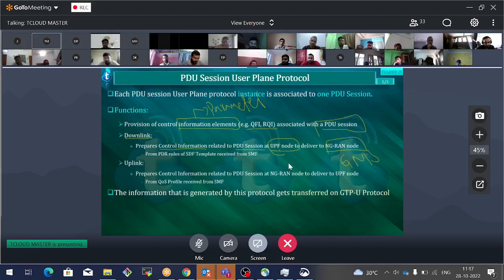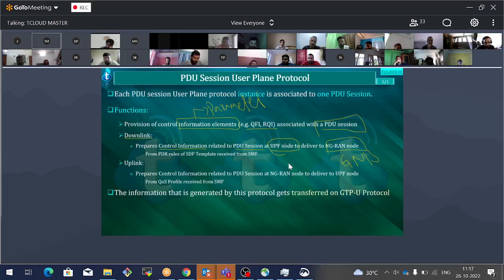Such identification is the duty of the UPF node. Once done, the UPF node will have to send that identified QoS flow information, etc., to the NG-RAN node while forwarding the traffic, while forwarding the data.